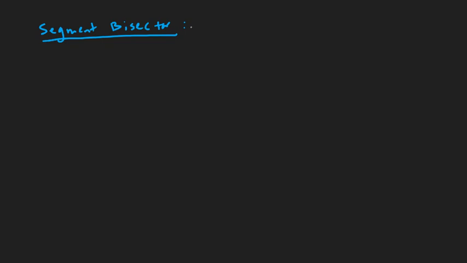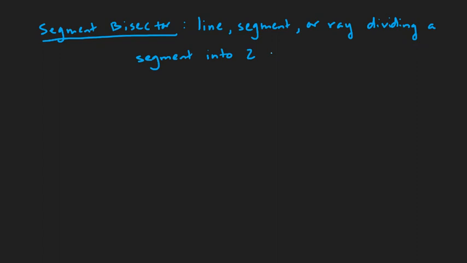So a segment bisector is a line, a segment, or ray dividing a segment into two congruent segments.